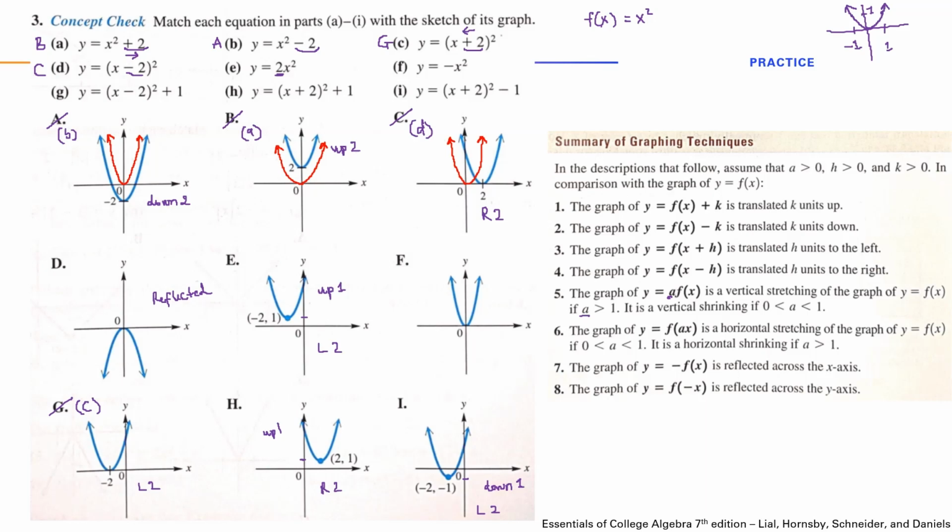So horizontally, if we have f of 1 equals 1. Now f of 2x squared will be 2. So the horizontal one will look like this. Now it's stretched from 1, it's double. Okay, so F will go with E.